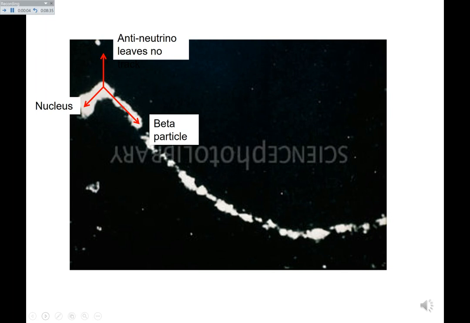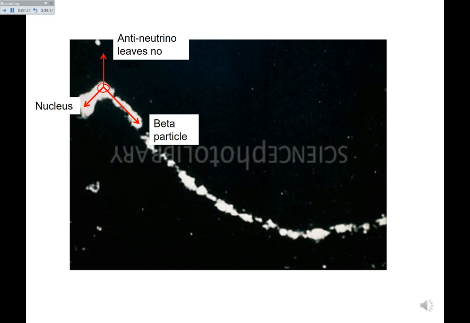This is a seminal picture. What's happened here is that there's been a decay of some nucleus, I'm not sure what type, at the junction where the 3 arrows meet here. And the nucleus has gone down to the left in a sort of southwesterly direction, and the beta particle has gone down to the right in a southeasterly direction. So that means that unless the conservation of momentum is not working in this case, there must be something that goes north.